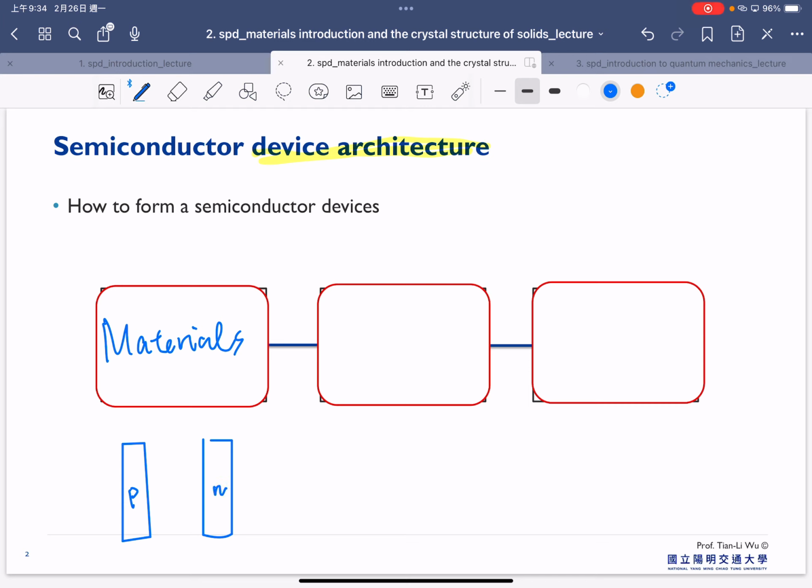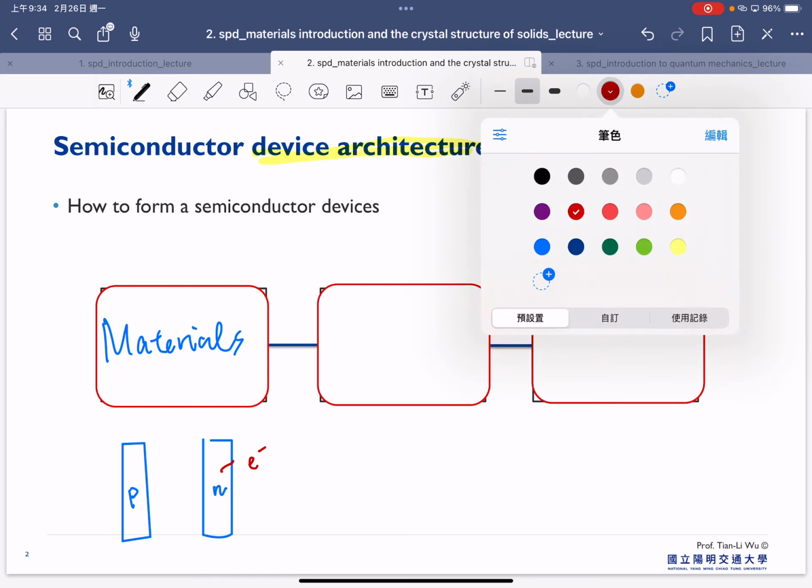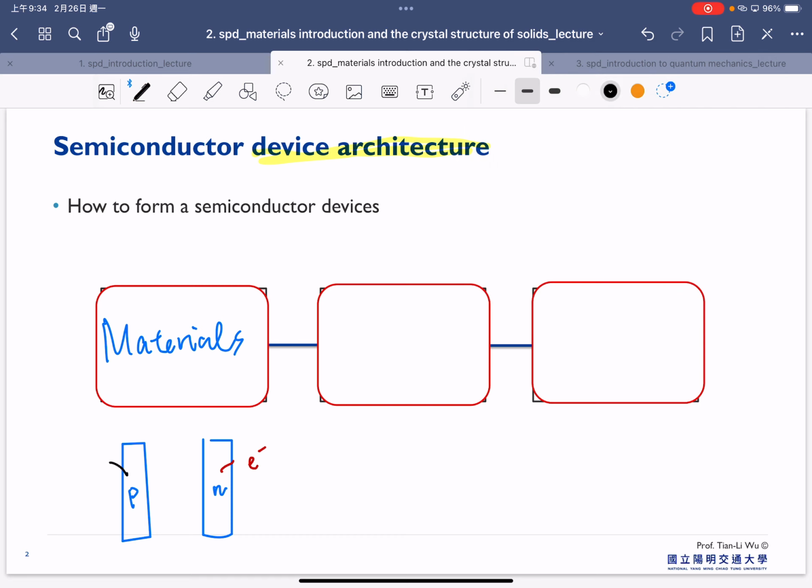These are the two most important types of doping in semiconductor devices. We can dope P type or N type and change the material property. N means the material is full of electrons, and P means the material is full of holes.